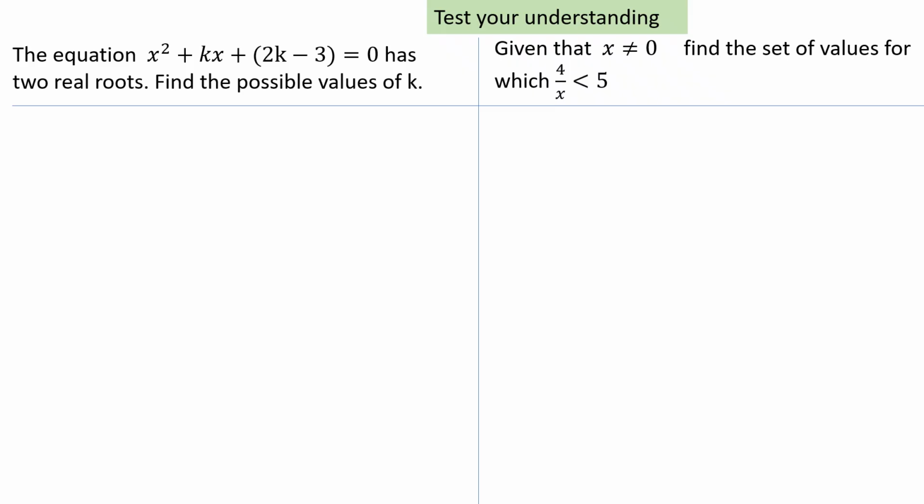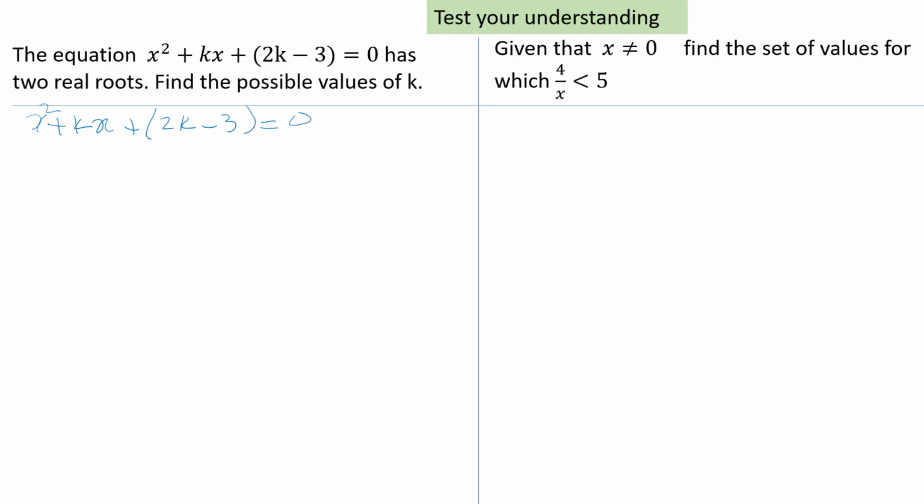Pause this video and try it yourself. So x squared plus kx plus 2k minus 3 equals 0 has two real roots. Find the possible values of k. So we know that x squared plus kx plus 2k minus 3 equals 0.